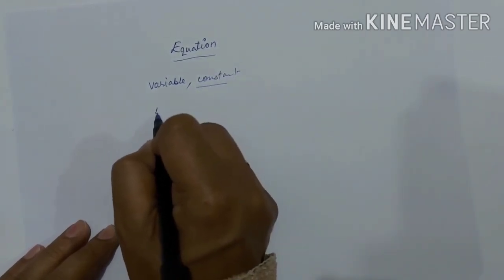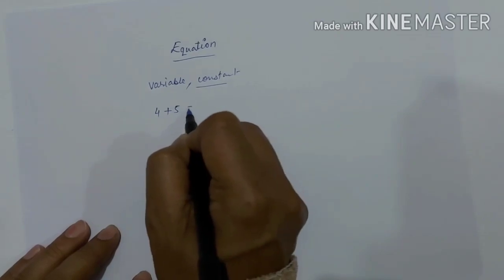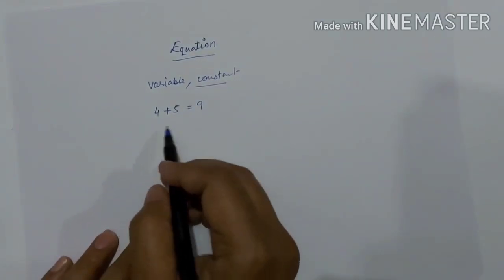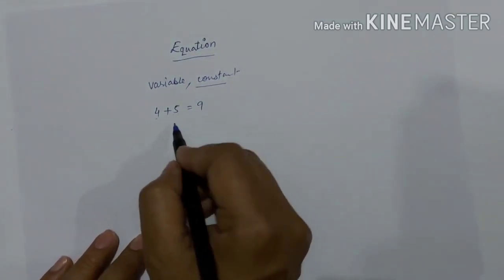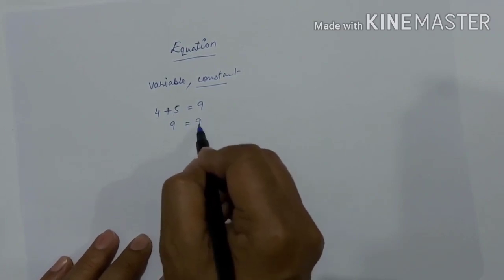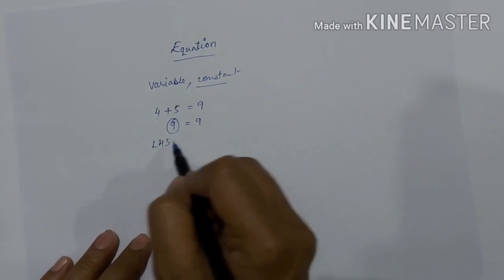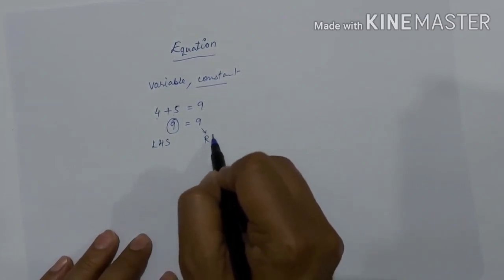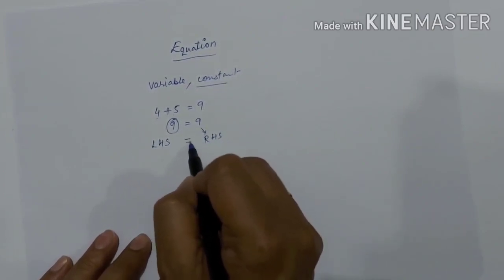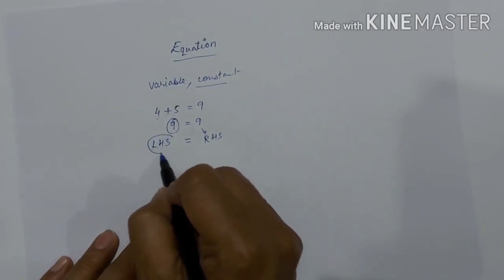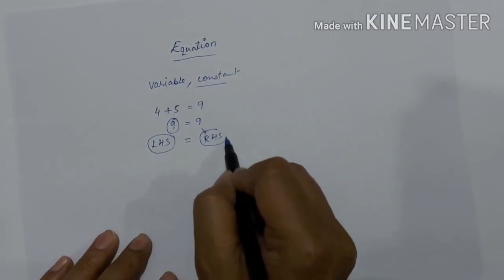Suppose this is right: 4 plus 5 is equal to 9, that is 9 is equal to 9. This part is called the left hand side and this part is called the right hand side, and the equal sign between them means the value of the left hand side is equal to the value of the right hand side.